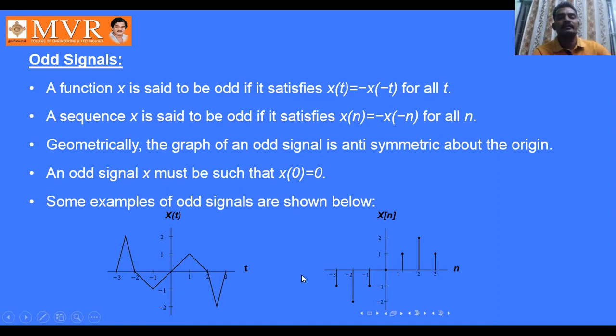These two are equal. Similarly, x of n and x of minus n, which is inverted like this. So this is x of n from 0 to n, and this is x of minus n, which is inverted. So x of n is equal to minus of x of minus n for all values of n. So these two are the examples of odd signals.